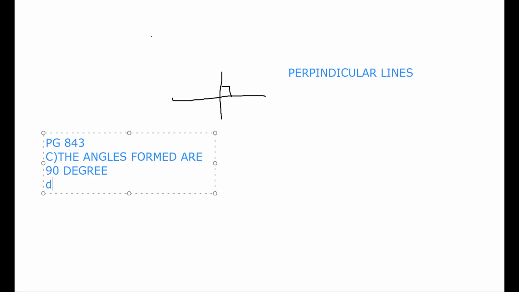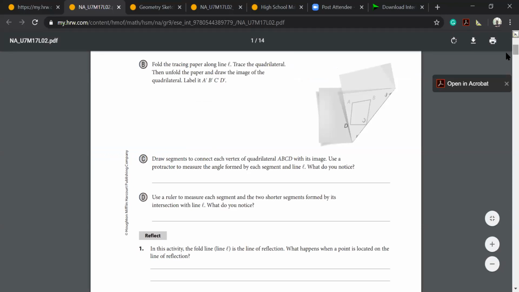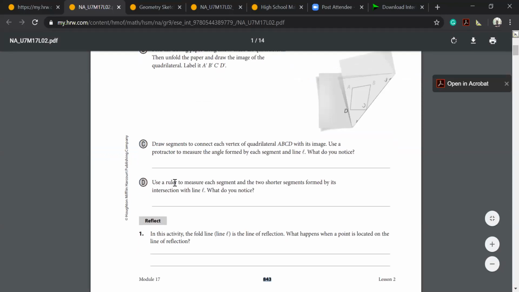Question D. Let's go back to the question. D is saying use a ruler to measure each segment and the two shorter segments formed by its intersection with line N. What do you note?